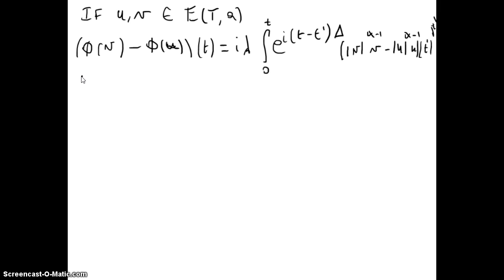Okay, so now we will use the same argument that we used before to bound now the difference between phi of v and phi of u.